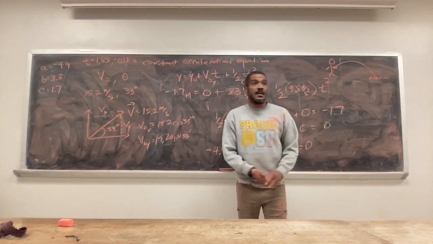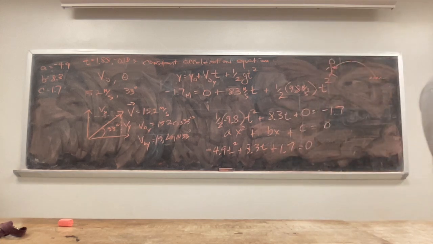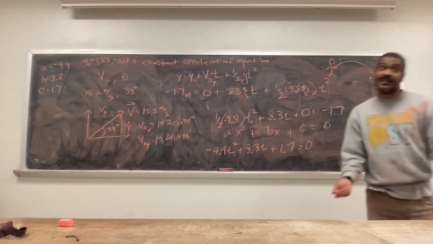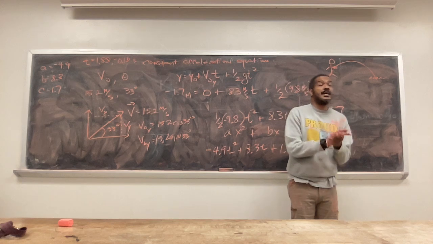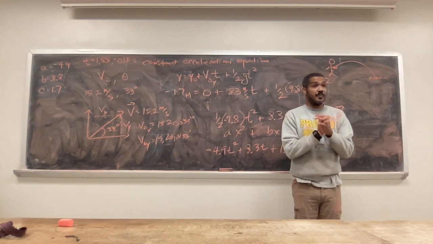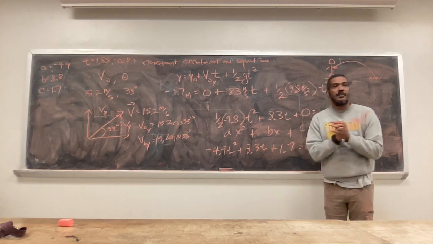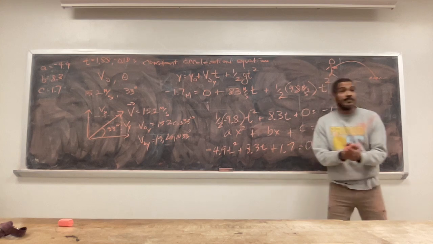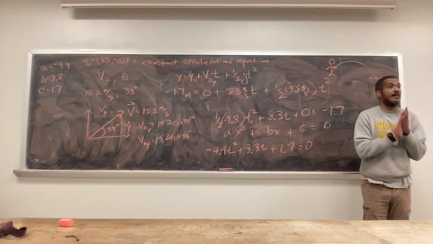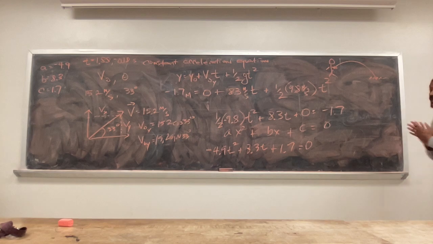So the question is, calculate the horizontal distance. Now that I got the time, I multiply that times what? To get the distance, what do I need if I got time? Speed. Where am I gonna get speed from? Look at the board. Where am I gonna get the horizontal speed from? Oh, 15.2.